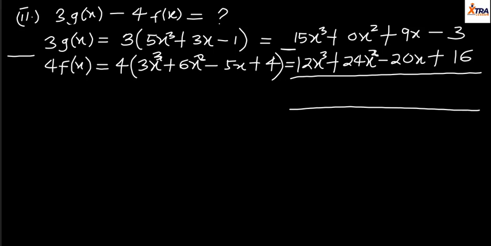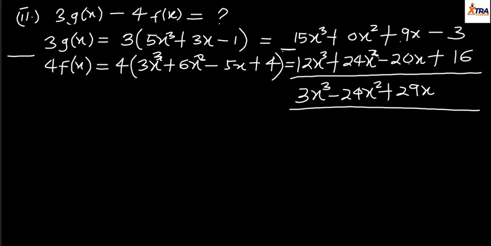So now I can say 15x cubed minus 12x cubed will directly give me 3x cubed. 0x squared minus 24x squared gives me minus 24x squared. Moving on, I have 9x minus minus 20x, that is 9x plus 20x, giving me a value of 29x.